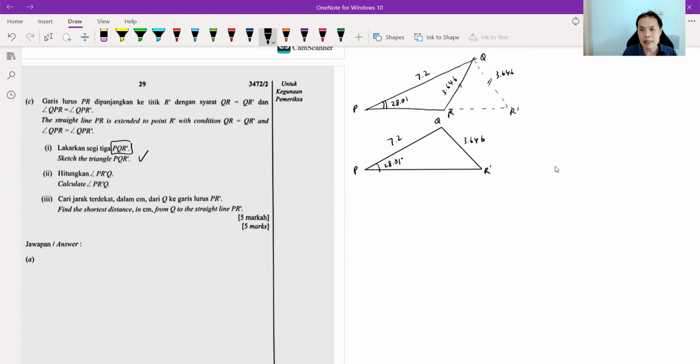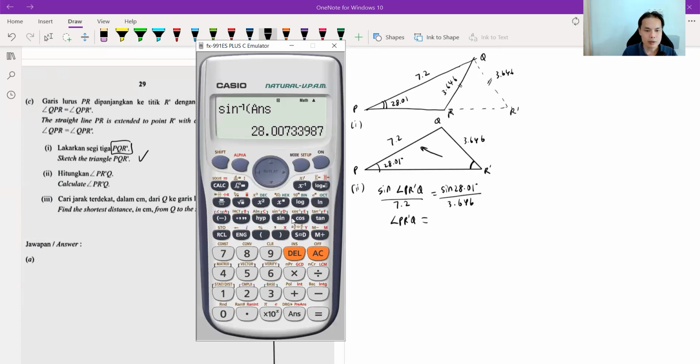Next, we are supposed to calculate angle QPR prime Q, which is this angle over here. So we can use sine rule. When you use sine rule, remember sine rule works in a pair. PR prime Q divide your opposite length, which is 7.2, sine 28.01, and your opposite length is 3.646. My angle PR prime Q is therefore, use your calculator, sine. Remember calculator must be in degree mode.